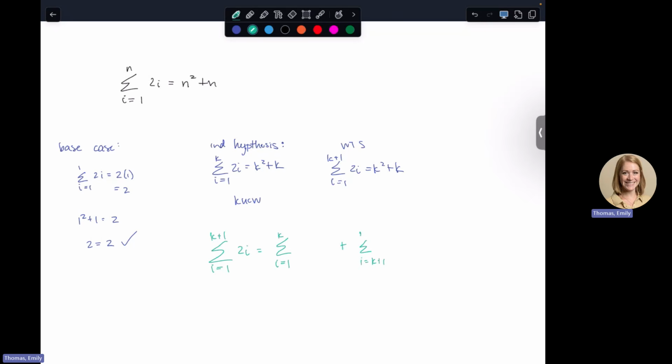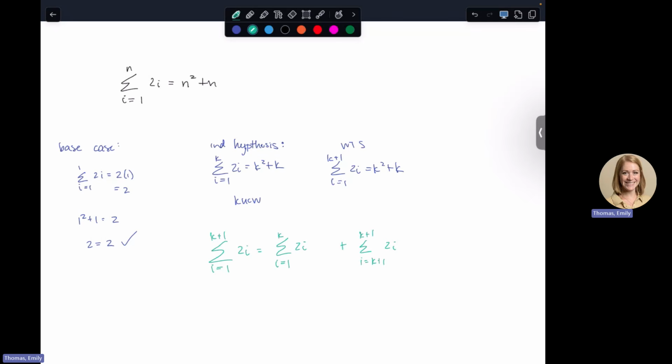You don't have to write this. I think what I did in class, and maybe made this confusing, is that I went ahead and plugged in k plus 1 to the thing, so I didn't write the summation. But it's not a summation anymore, it's just the k plus first term. So the summation from i equals 1 to k plus 1 splits into the sum from 1 to k plus the k plus first piece.